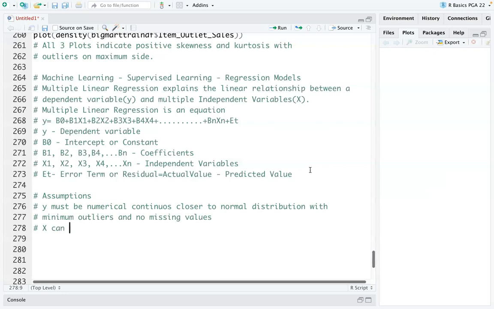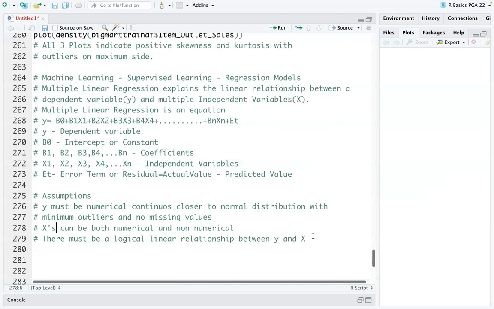X can be both numerical and non-numerical. There must be a logical linear relationship between y and x. Let us put as x's because they are multiple. So x's.